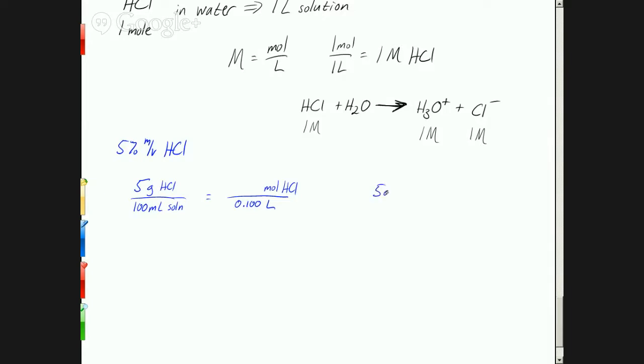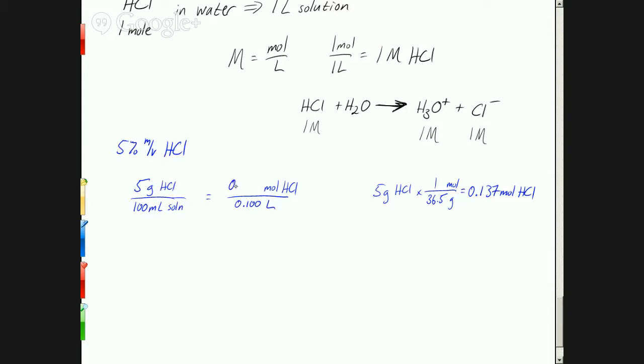So it's going to be 5 grams, and HCl, that's 35.5 and 1, so that's 36.5. So that's 0.137 moles of HCl.